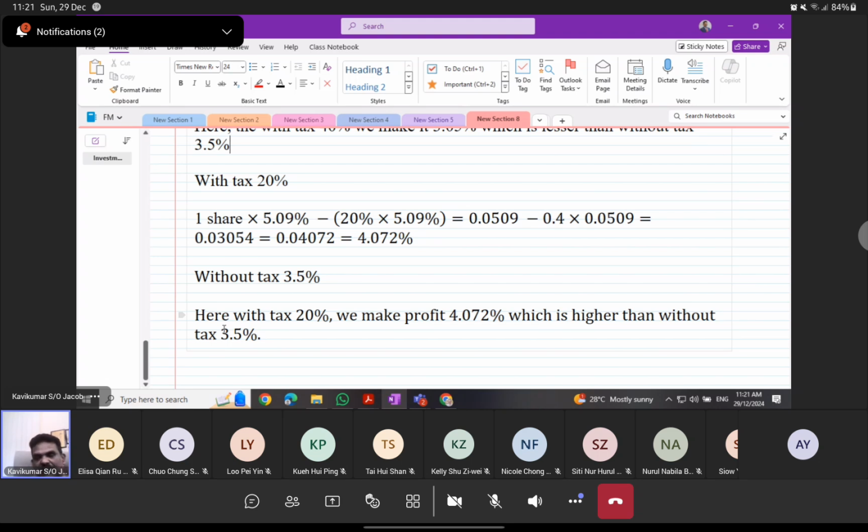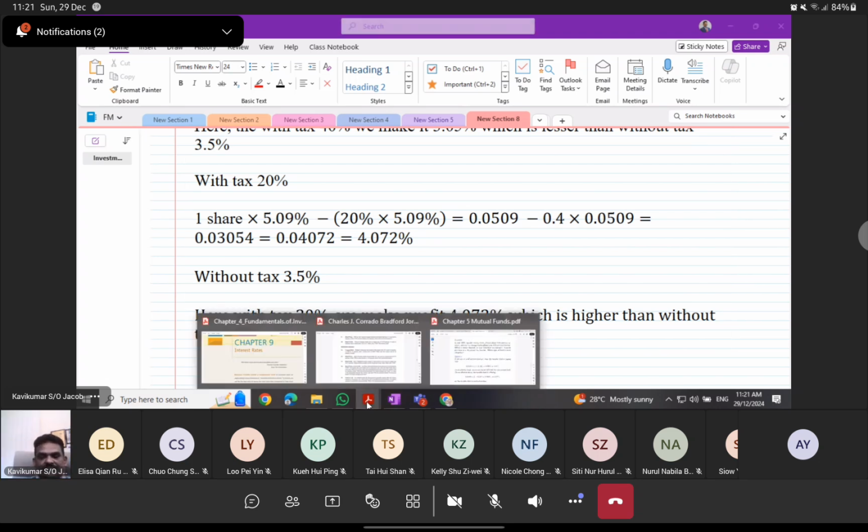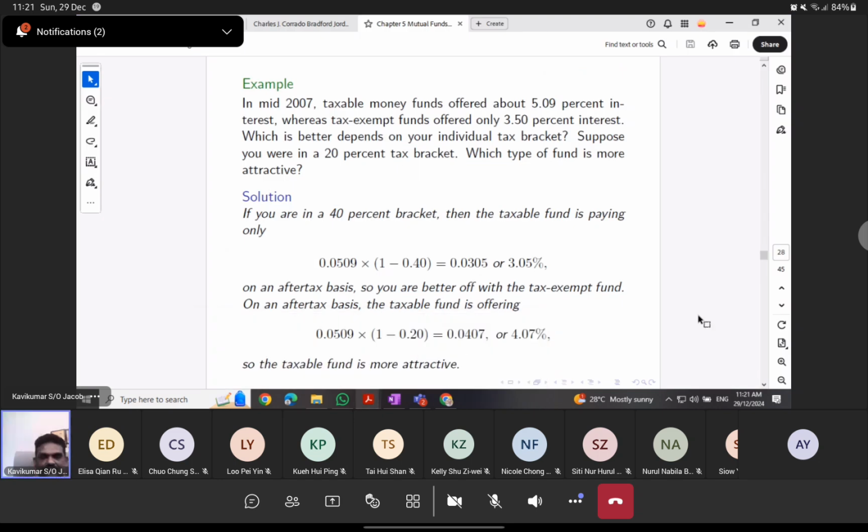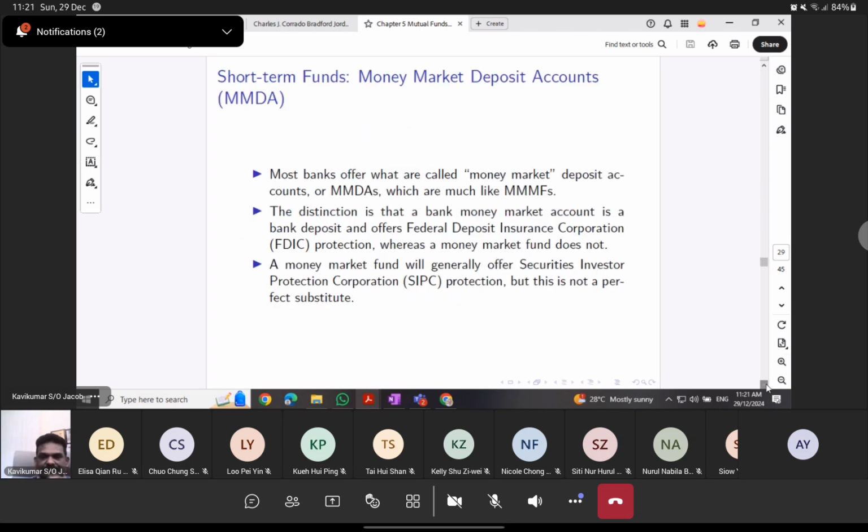Even though we pay the tax, we still make more profit. So the taxable fund is more attractive. In the 40% case, the tax exempt fund is more attractive. In the 20% case, the taxable fund is more attractive.